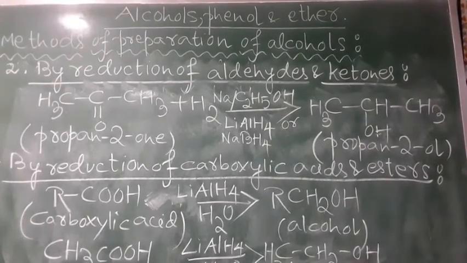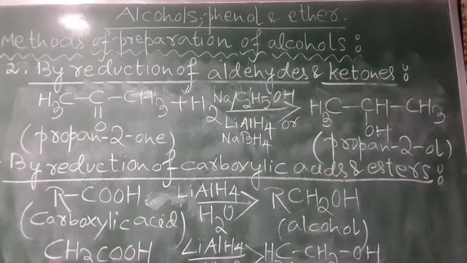The example that I have given is propan-2-one, the IUPAC name of acetone. It is treated with hydrogen in presence of lithium aluminium hydride or sodium borohydride, forming propan-2-ol, which is a secondary alcohol. The common name is isopropyl alcohol.